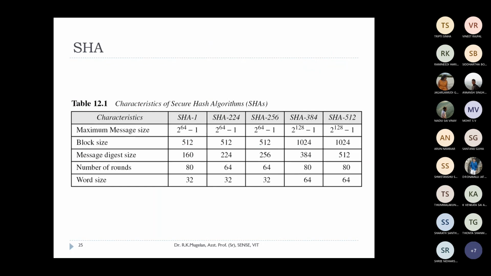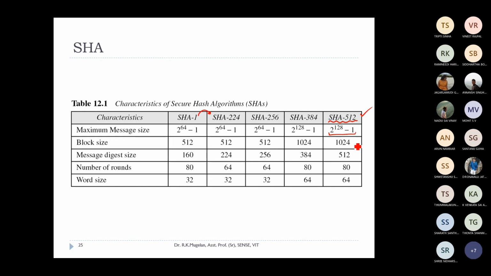Then if you see the characteristics of secure hash algorithms, we just saw SHA1 now. So it has been evolving from SHA1 to 224. Now presently we are using SHA512, and we'll be discussing this one for our detailed discussion. Right. So here the maximum size has been pushed to 2 power 128 minus 1.